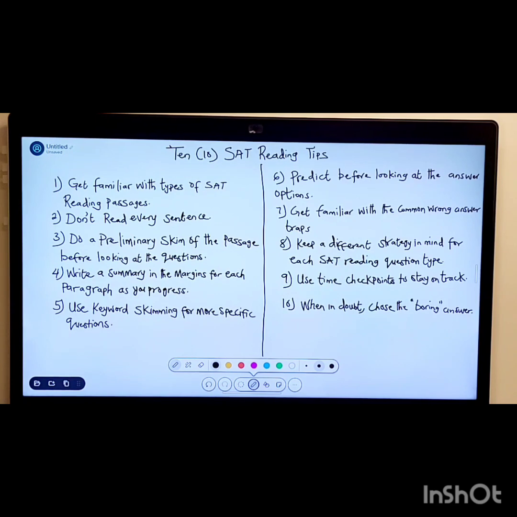Predict before looking at the answer options. Get familiar with the common wrong answer traps. Keep a different strategy in mind for each SAT reading question type. Use time checkpoints to stay on track. When in doubt, choose the boring answers.